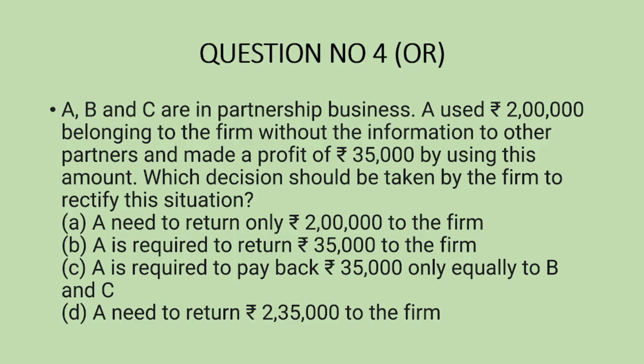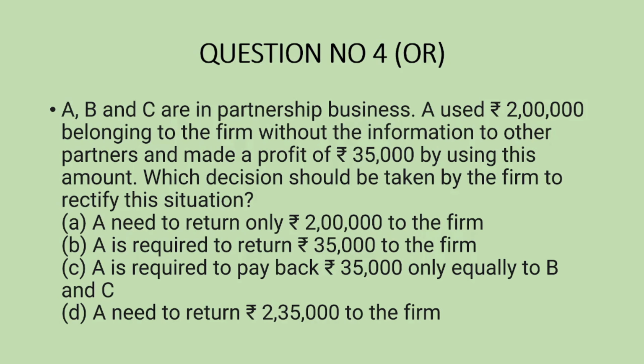The OR question for number 4 is: A, B, and C are in a partnership business. A used 2 lakhs belonging to the firm without the information of other partners and made a profit of rupees 35,000 by using this amount. Which decision should be taken by the firm to rectify the situation? A needs to return only 2 lakhs to the firm.